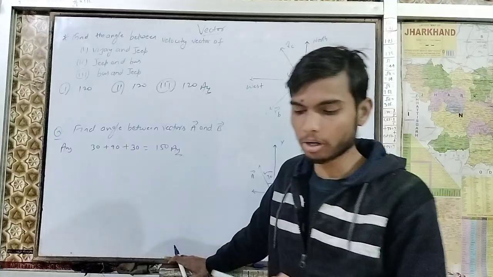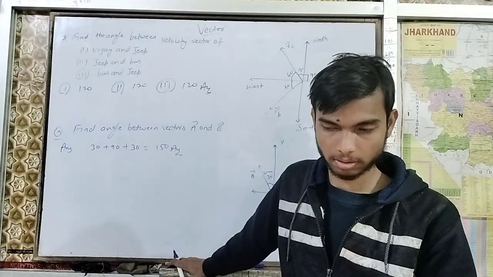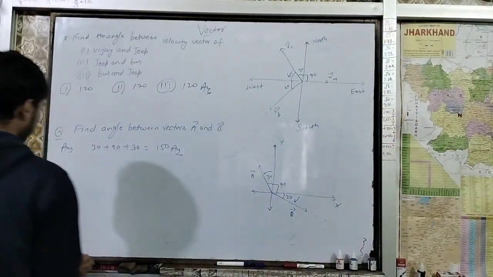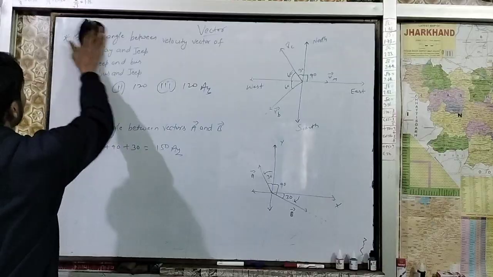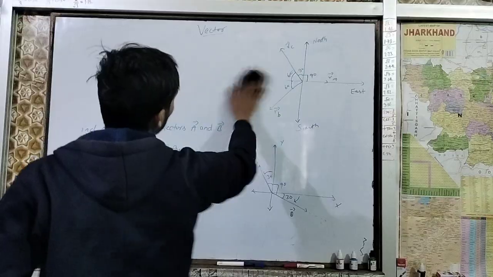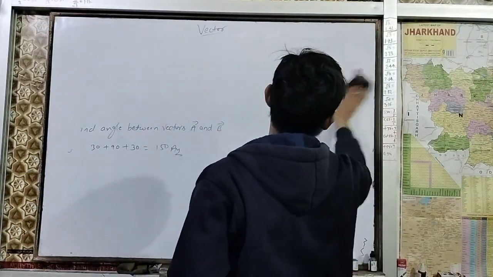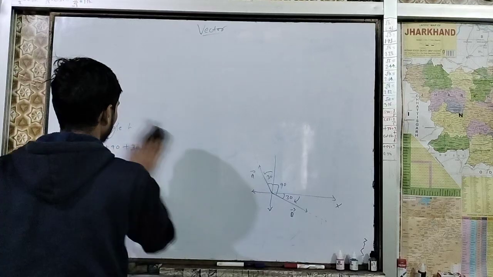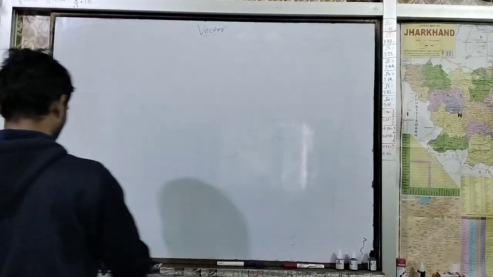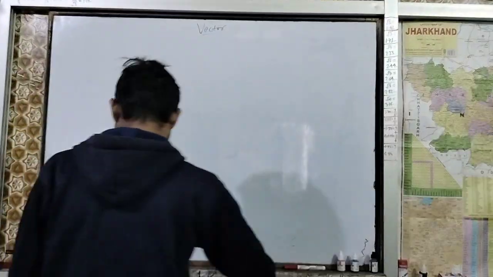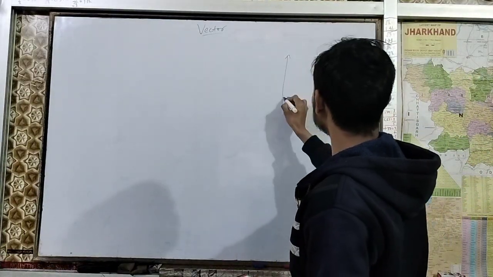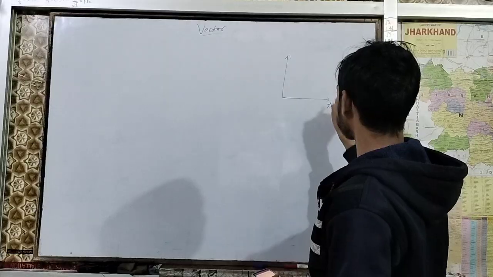Next question is about the component of a vector along the x-axis. Let me erase this part. The next question is saying: this is the y-axis and this is the x-axis.